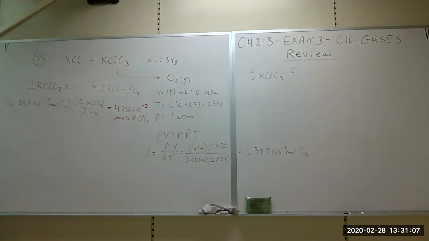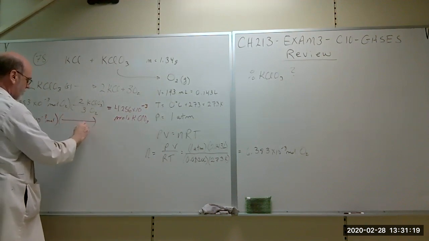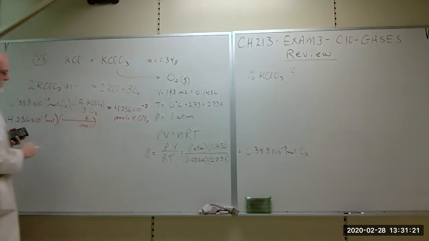It's easy to figure out how many grams, right? You just need molar mass. So we got to calculate molar mass for potassium chlorate. Let's see, potassium is 39.